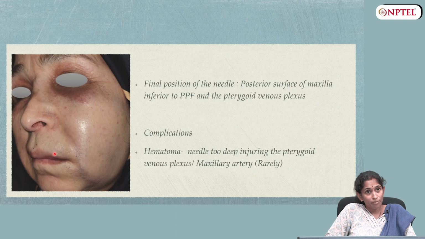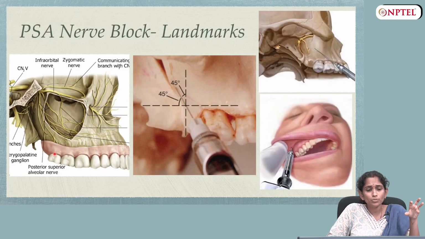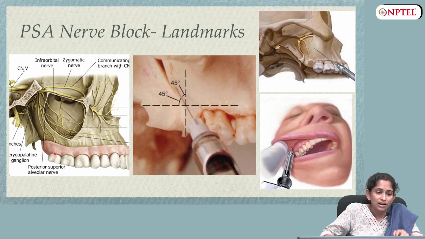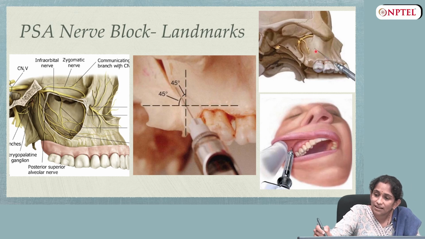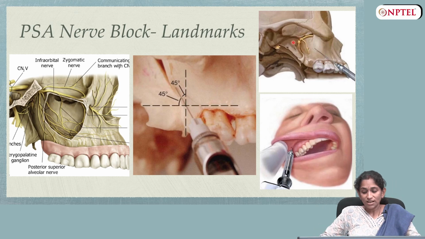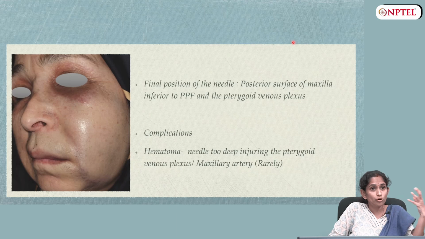Now, when we are looking at complications, as we have discussed, the most common complication of a PSA block is a hematoma. This hematoma, as we have discussed, usually occurs because we have injured the pterygoid venous plexus by taking the needle deeper, or we have used a wrong needle. Now, if we have a hematoma, how are we going to deal with it?